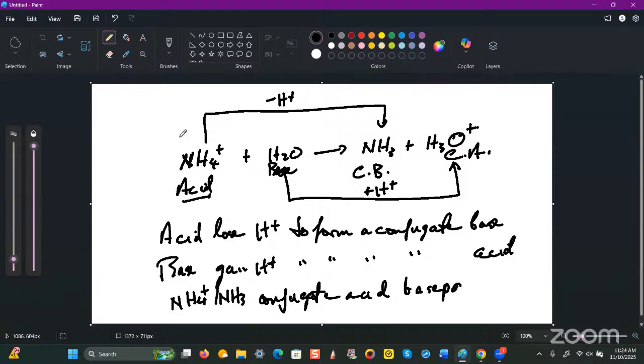And for H2O to H3O plus, we also call that a conjugate acid base pair. So that's basically how all those definitions come into play when it comes to an acid-base reaction. Any questions about this?